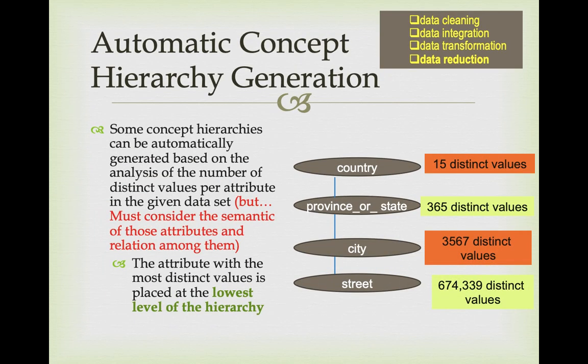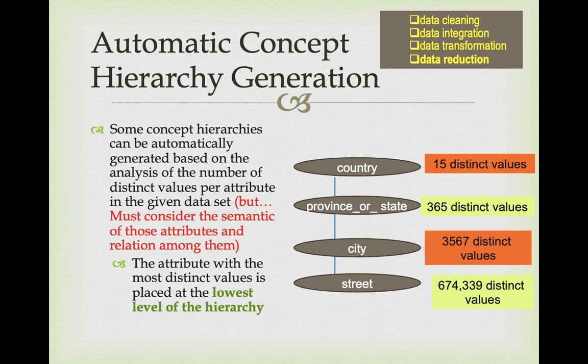Automatic concept hierarchy generation. Some concept hierarchies can be automatically generated based on the analysis of the number of distinct values per attribute in the given dataset, but we must consider the semantics of those attributes and the relations among them.